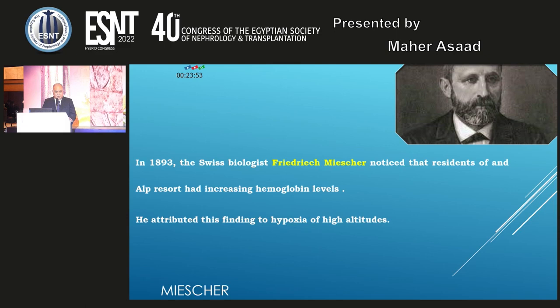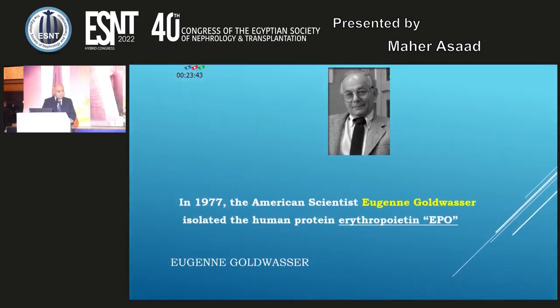He wondered why, and finally he attributed this finding to hypoxia of high altitudes. 84 years later, the American scientist Eugene Goldwasser succeeded in isolating the human protein erythropoietin, EPO. That started to be commercially available about 12 years later.